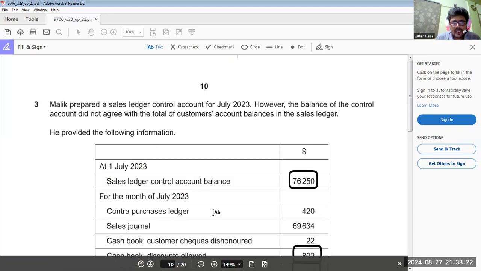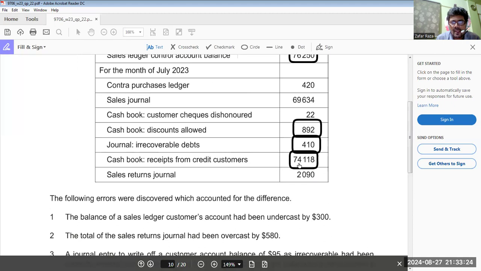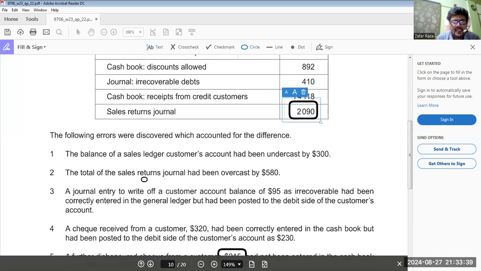Then sales return journal. Sales return journal is showing 2090, but there is an error in the sales return journal here. It says the total of the sales return journal has been overcast by 580. So we have to reduce the amount of the sales return journal, 2090 minus 580.